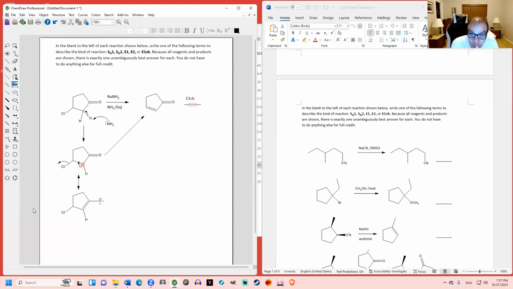So strong base, poor leaving group, stabilized carbanion. That's when you'll get an E1CB reaction.